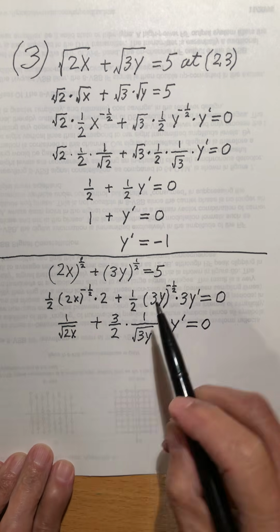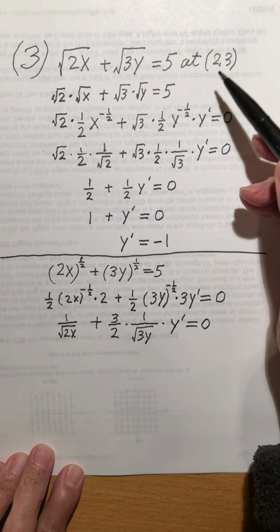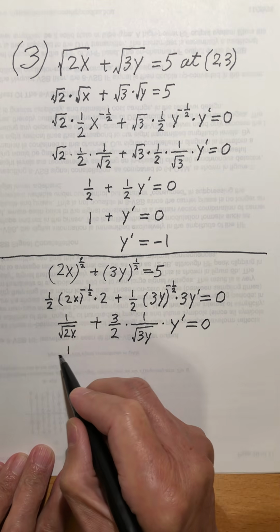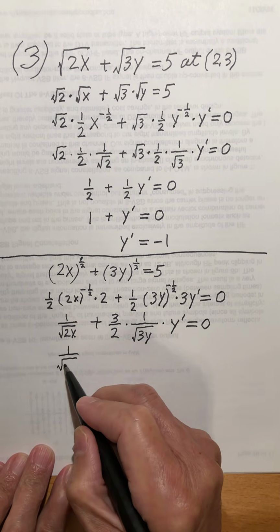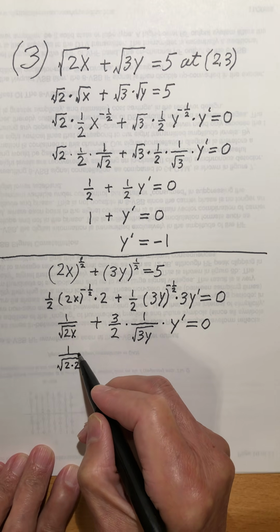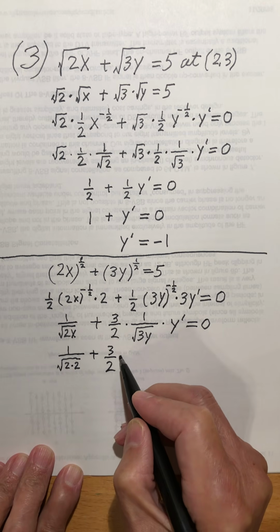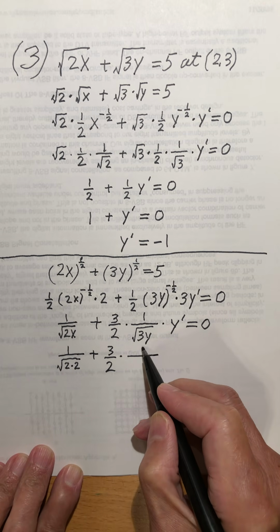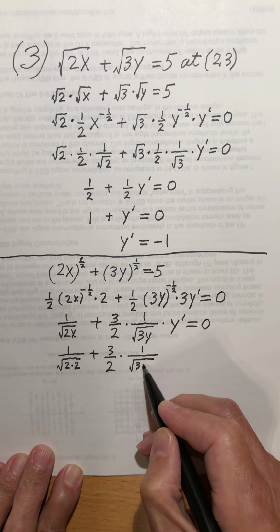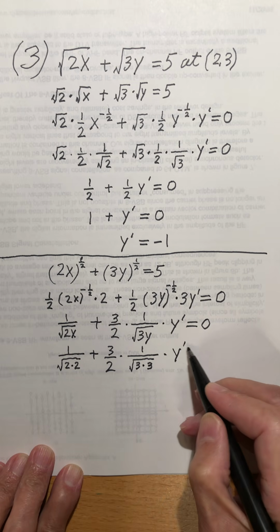Now I replace x by 2. X is 2, y is 3. So I have 2 times 2, and y is 3, 3 times 3, times y prime.